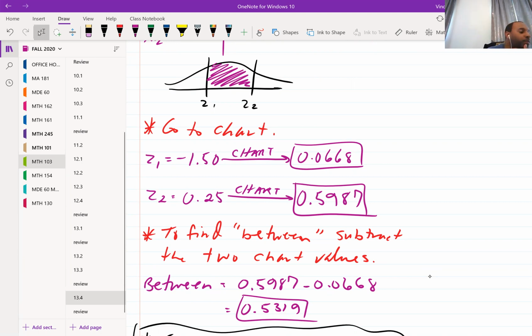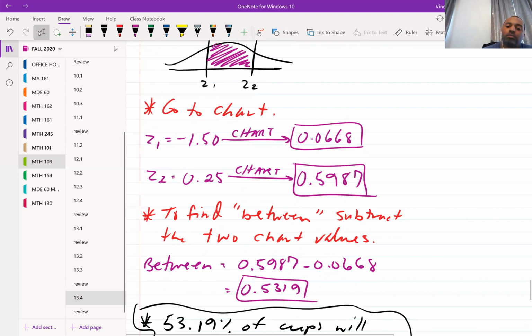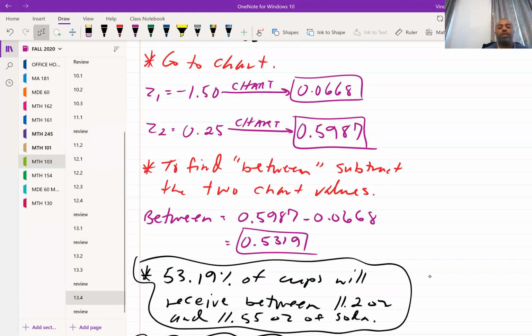So we took the 0.5987 and subtracted 0.0668 to get 0.5319. All right, so it's 53.19%, 53.19% of the cups will receive between 11.2 ounces and 11.55 ounces.